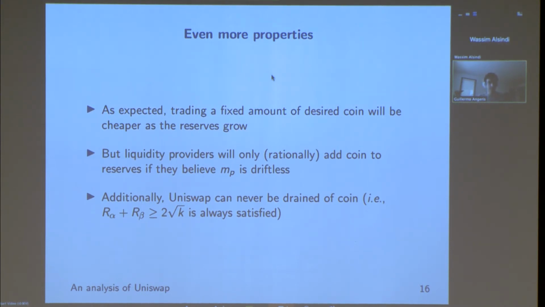This is called impermanent loss, I think is the name Hayden gave to this. More generally, in the case with fees, this can change a little bit, but the general idea is that driftless is essentially a necessary condition for an agent to provide any kind of asset into the reserves. And another nice property is that Uniswap can never be drained of coin, because the sum of the reserves, no matter how much money you put in or take out, is always bounded from below by the product constant.